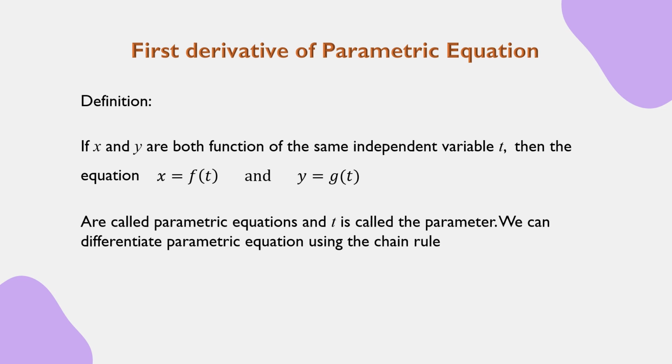With t, we call a parameter. We can find the derivative if we differentiate parametric equation using the chain rule. dy/dx equal to dy/dt times dt/dx.